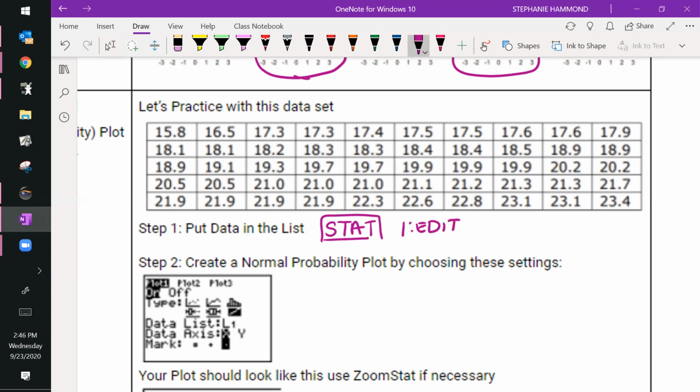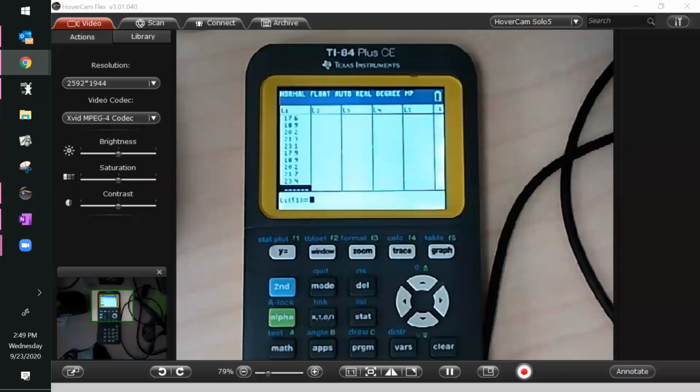If you need to clear out an existing list from your calculator, remember you can go up and highlight the L1 and hit Clear, Enter. And that will clear the entire list at once for you. After you have that cleared out, go ahead and put in these data points with me and see if you can get what I have.